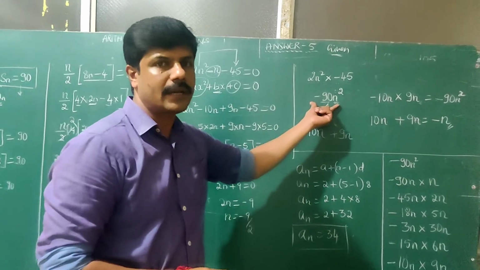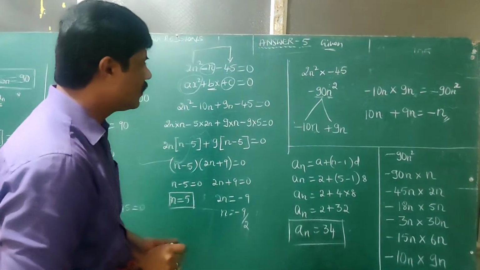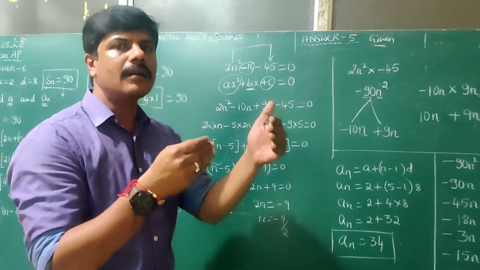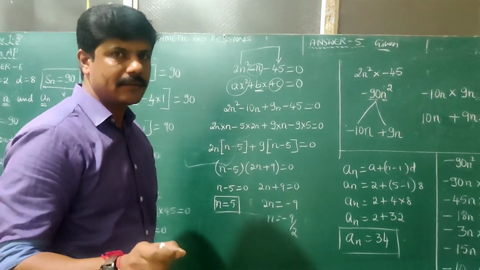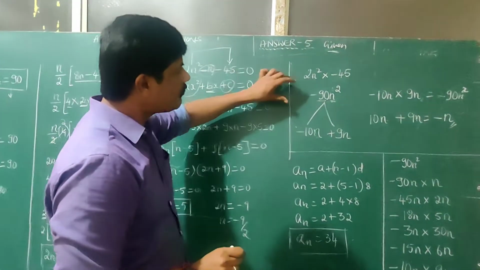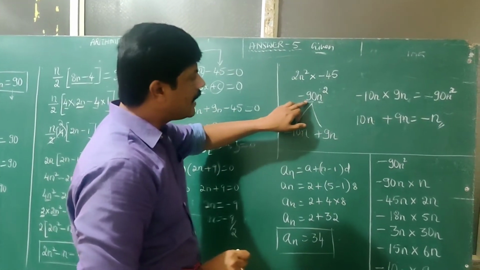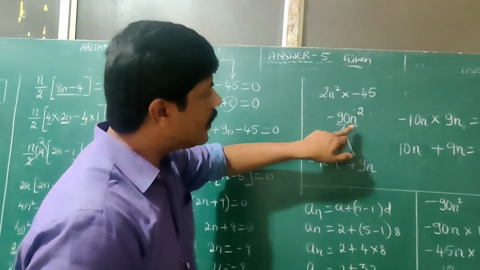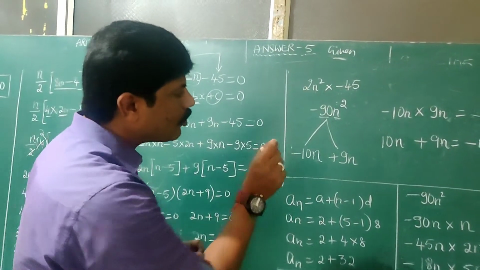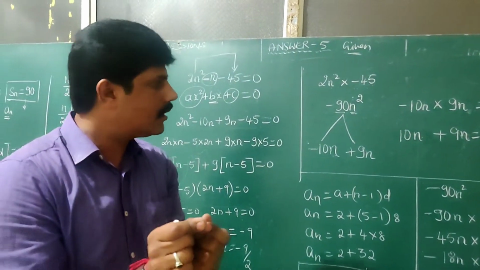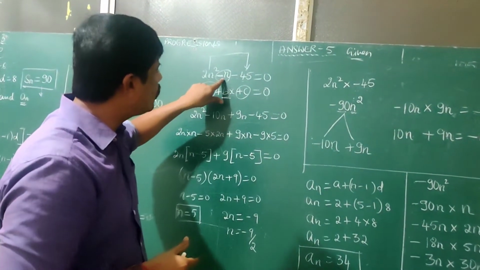The factors should be such that after addition, it should become minus n. Did you understand what I said? After multiplying 2n square with minus 45, we have got minus 90n square, and we have to find such factors that, after addition or subtraction, become equal to minus n.